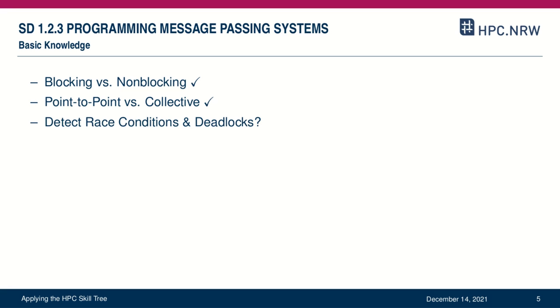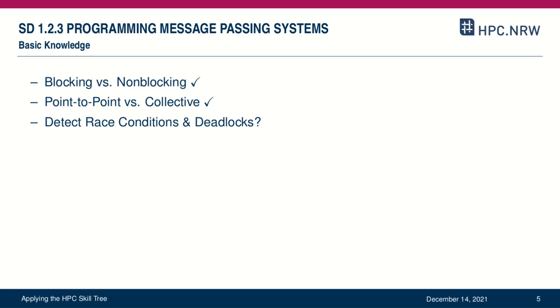So then the wiki page currently also states detect race conditions and deadlocks. And there was my first situation where I thought, well, would detecting race conditions and deadlocks be a basic skill in programming message passing systems?